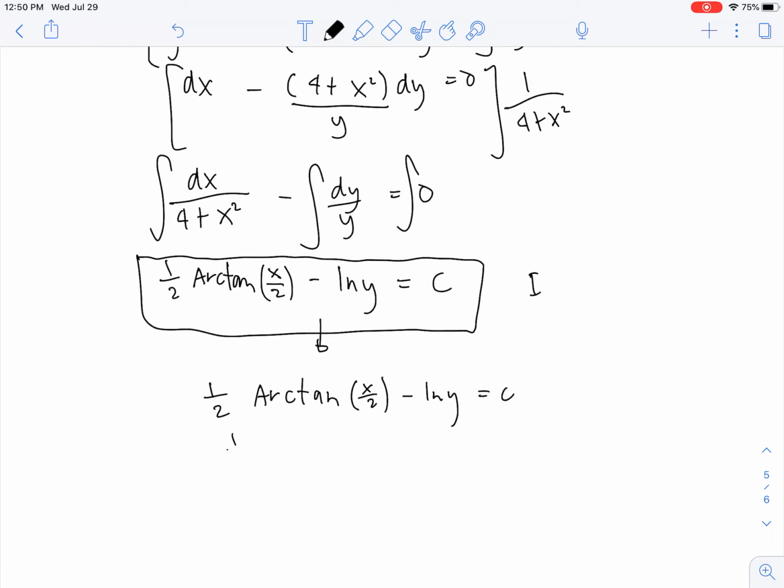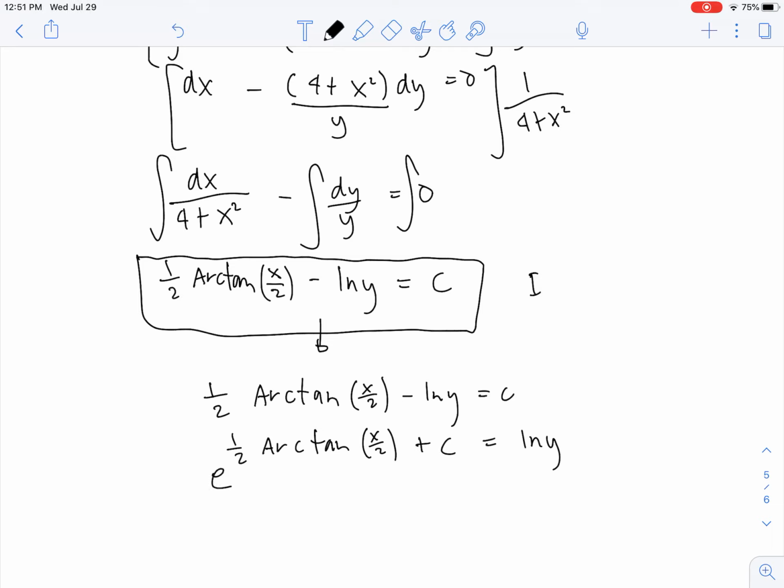So mahimo na ning 1/2 arc tan of x over 2. Yang c diri ay balhin nato diri yang y balhin nato diri. Pero di ba kung magbalhin ta og arbitrary constant, yang symbol or sign dili mausab. Pwede siya plus c dira is equals to ln y.